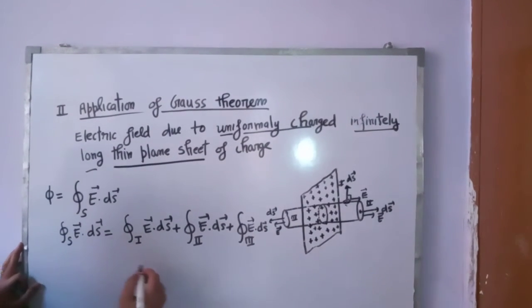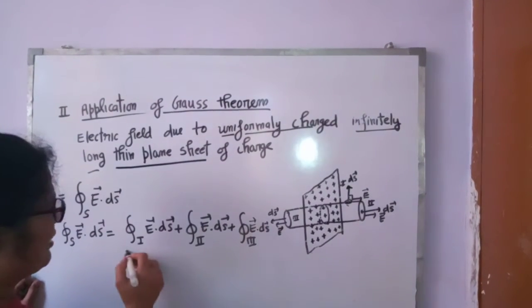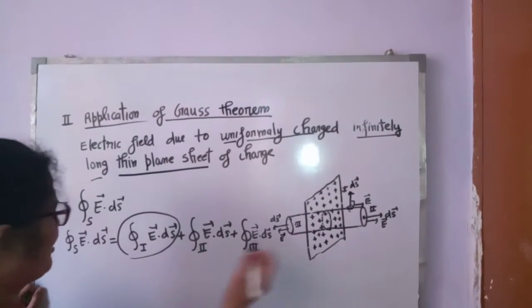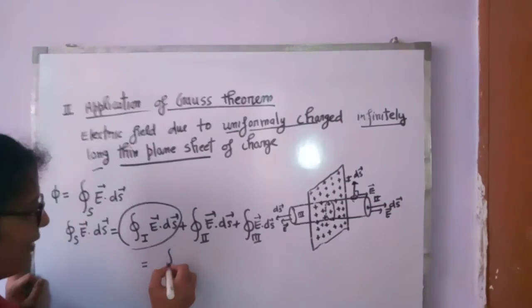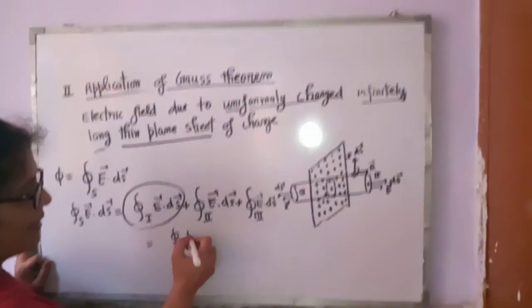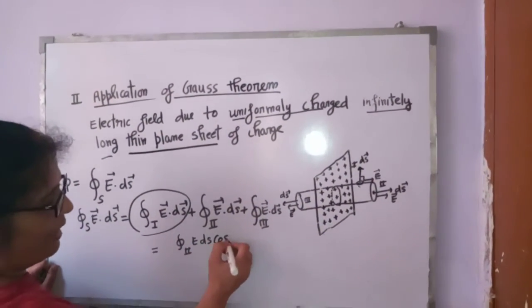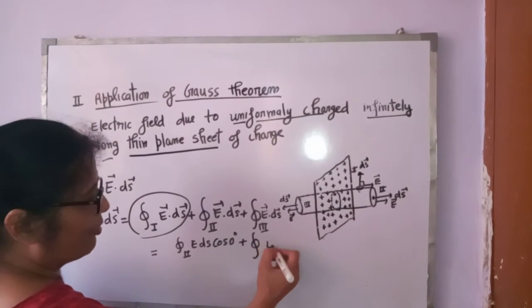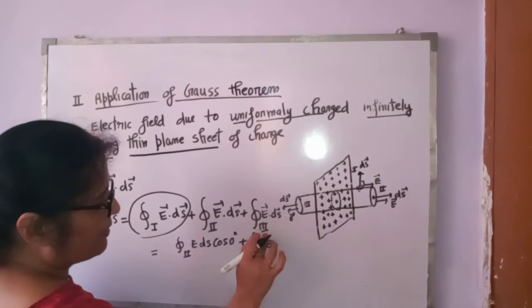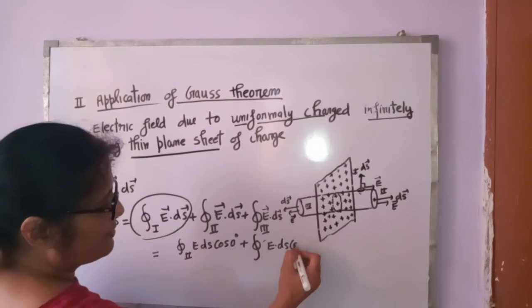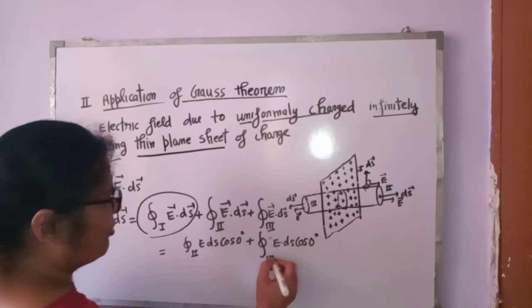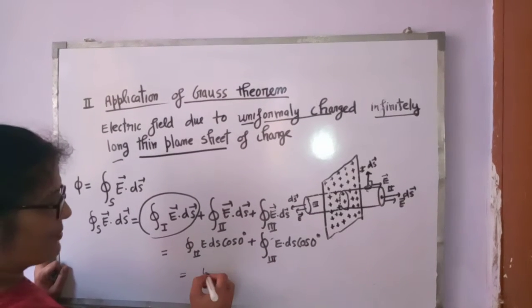Now you can write it here. This first factor becomes equal to 0 because the angle is 90 degrees. This becomes, for the second part, E dS cos 0, and for the third part also E dS cos 0, and you know the value of cos 0 is equal to 1. E is uniform, so it comes out of the bracket.